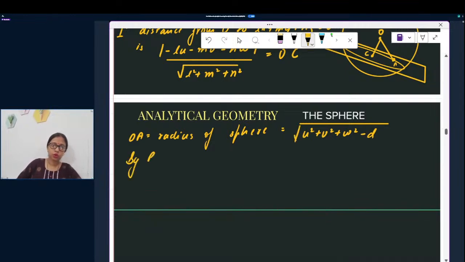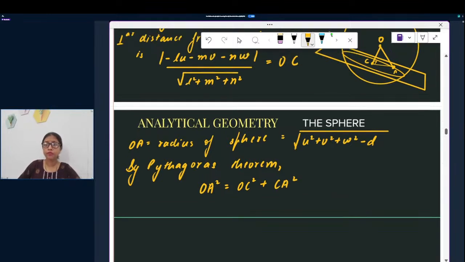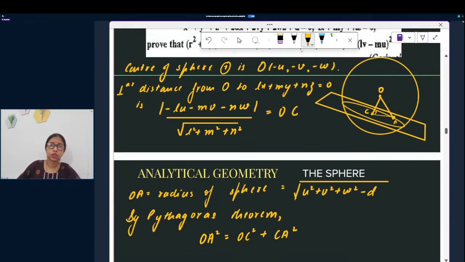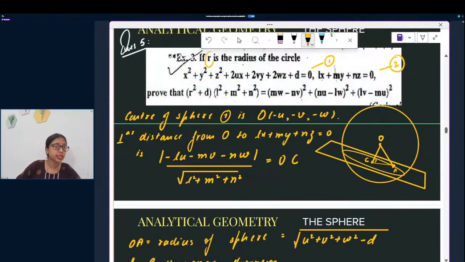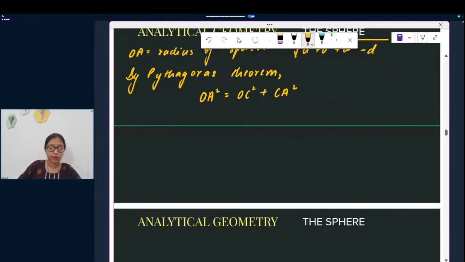By Pythagoras theorem, OA square is equal to OC square plus CA square. We have to find CA, the radius of the circle, which they are taking as R. So CA is actually small r, and that's what we have to find.